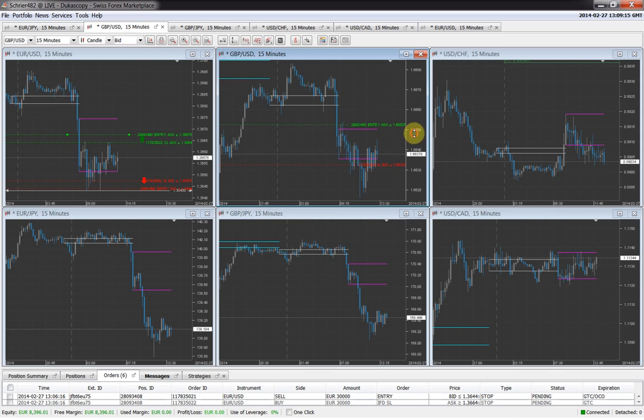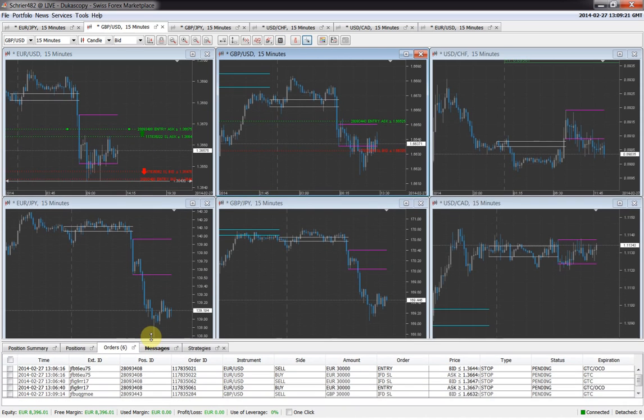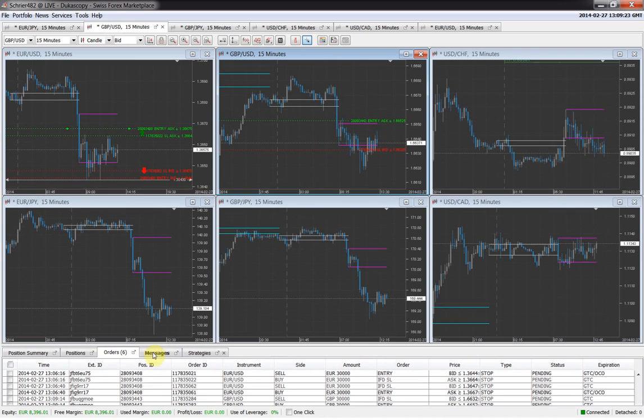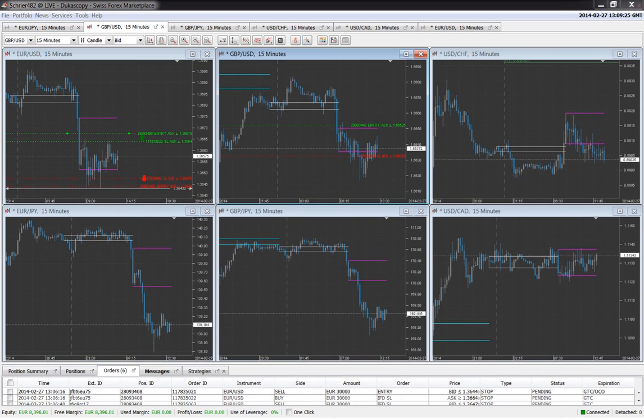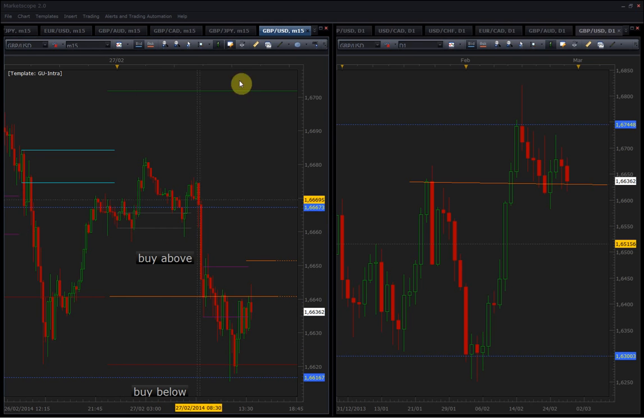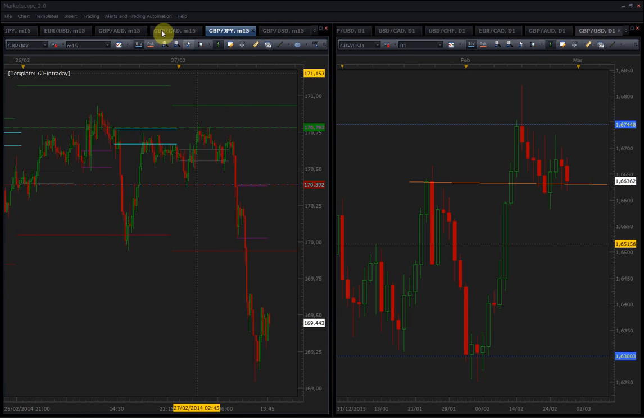Always use stops. Okay. News in 20 minutes. We are waiting for the range to form.